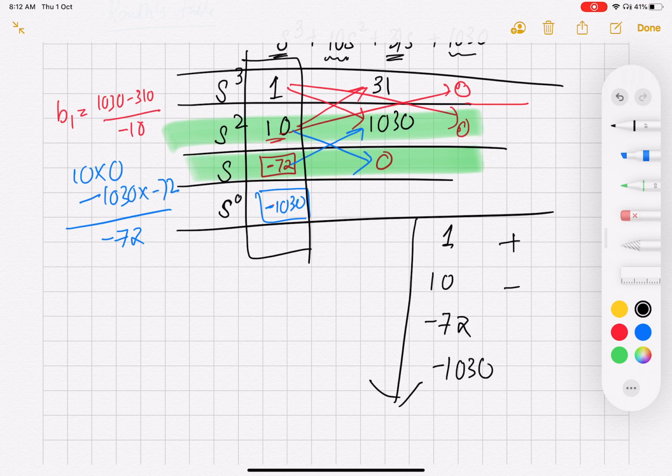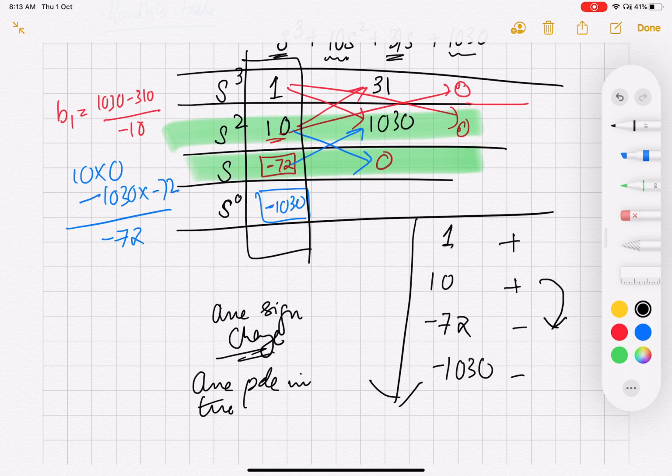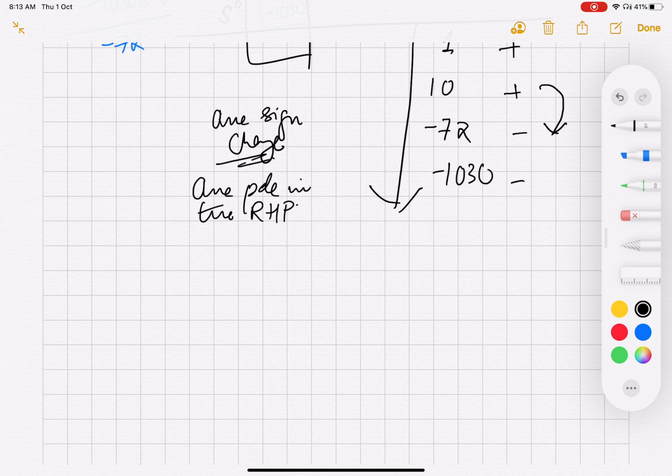So this is plus sign, minus sign, minus sign, and there is one sign change. So we say that there is one pole in the right half plane. As simple as that.